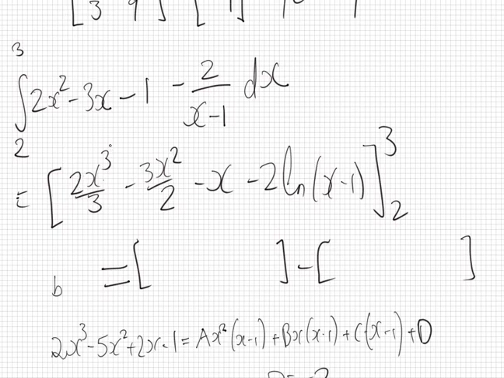3 cubed is 27 over 3 is 9 times 2 is 18. 3 squared is 9 times 3 is 27 over 2, minus 3, minus 2 log 2. Here you get 2 cubed is 8 times 3 is 16 over 3. 2 squared is 4 over 2 is 2 times 3 is 6, minus 2.